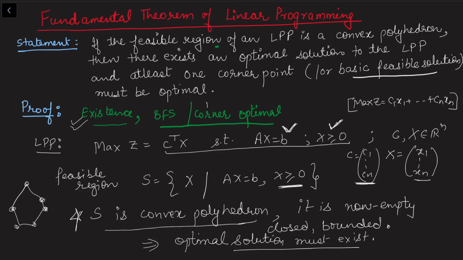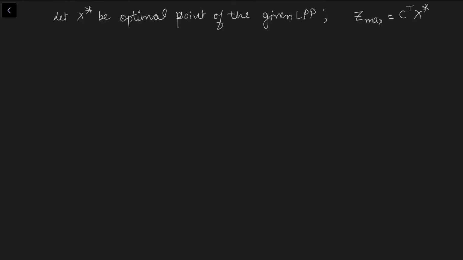Now let us prove the main theorem, that it occurs at the corner point, which is the same as a basic feasible solution. Let x star be the optimal solution of the LPP. I am just assuming that there exists an optimal solution, and I call this the optimal point of the given LPP. Because this is the optimal point, it is going to give me the best value for z. So z maximum occurs at this point, c transpose x star, and let me call the maximum value z naught.